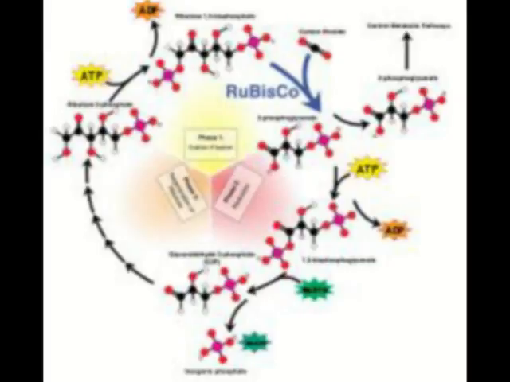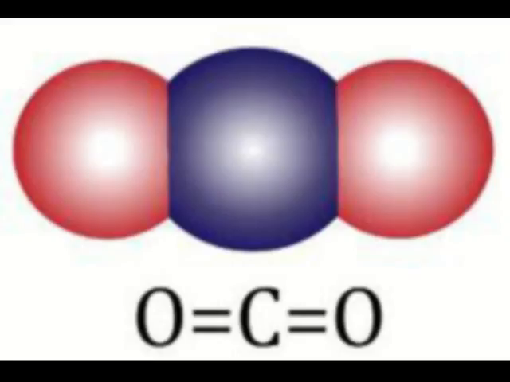Rubisco is the enzyme that attaches each carbon dioxide molecule to a molecule of RuBP, beginning the Calvin cycle. 3 CO2 molecules enter the enzyme Rubisco. Soon, 3 RuBPs enter as well. With the help of Rubisco, CO2 and RuBP are combined to form 3 6-carbon compounds, which immediately split into 6 PGA.